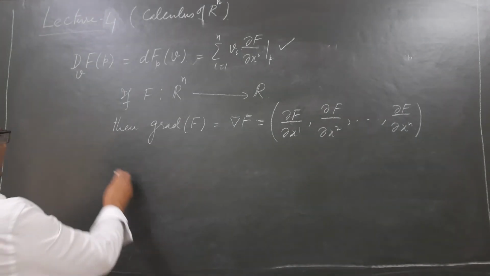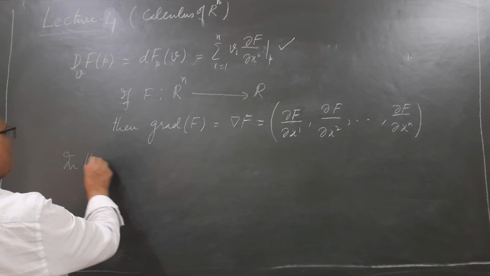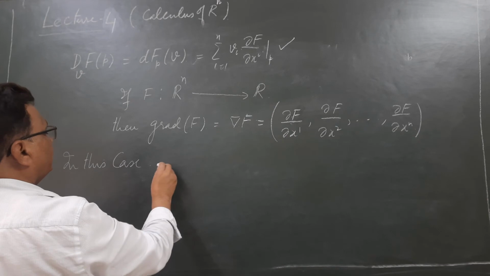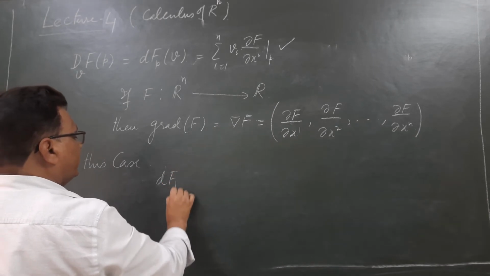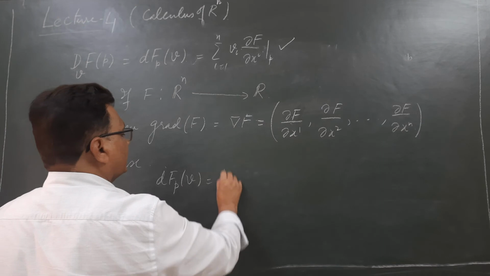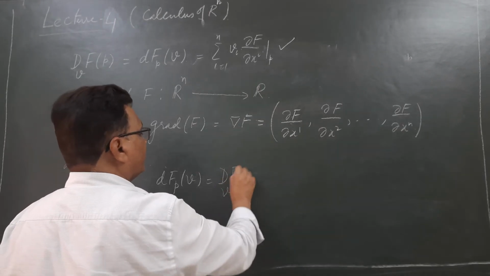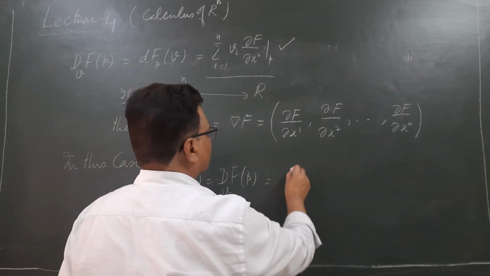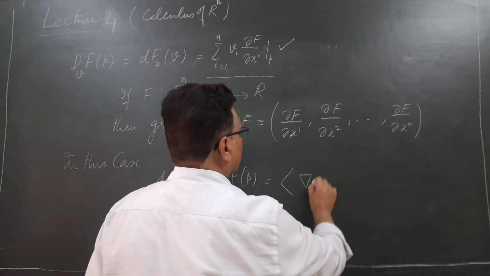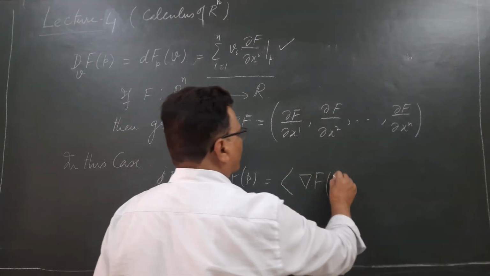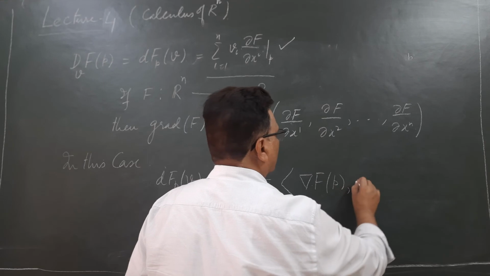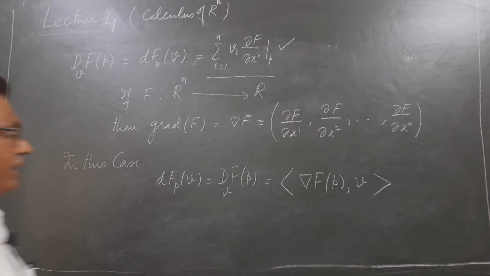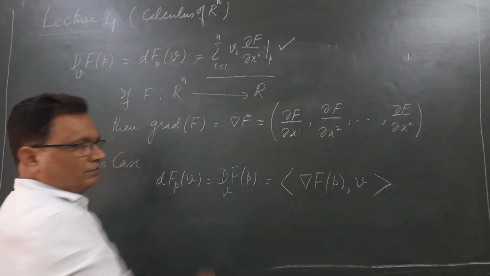In the case when the function is from Rn to R, dvf(p) as well as dfp(v) is equal to this much, and this much I can write down as the inner product of del f at P and vector V. Look, this inner product will be nothing but this quantity.